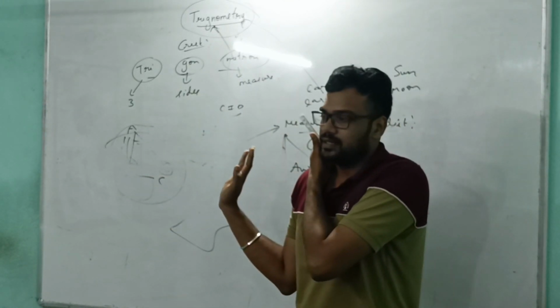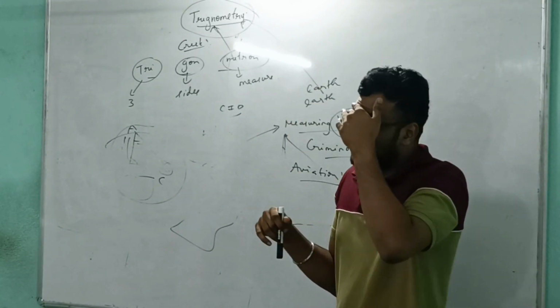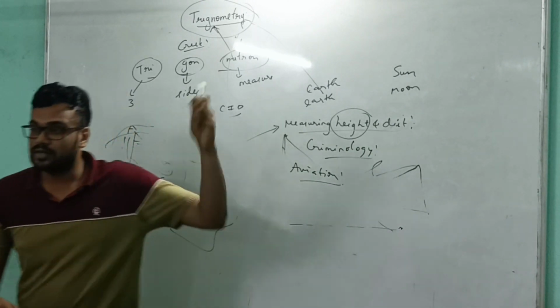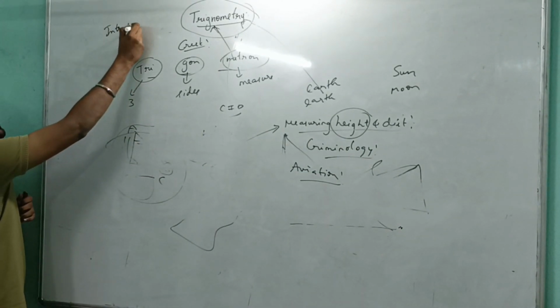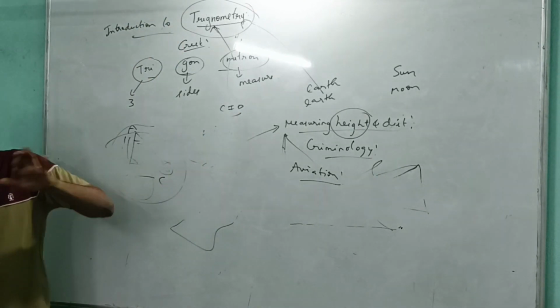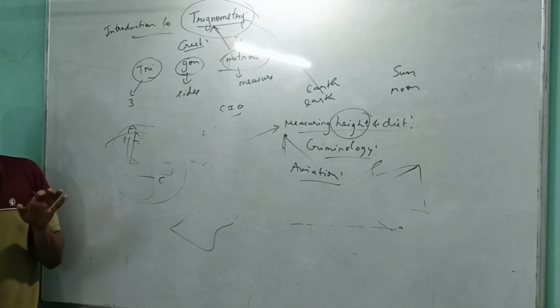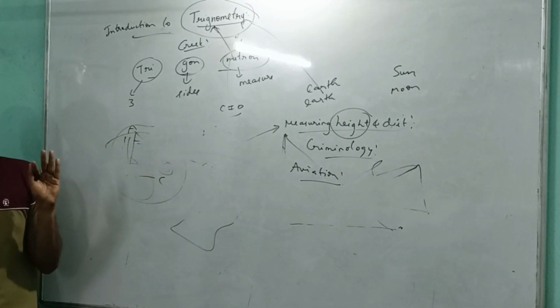That is why we are studying it. In this class, we will not be studying all these. We will be studying just an introduction to trigonometry, the very basic baby steps. This is the foundation. If this is clear, everything else will be clear.